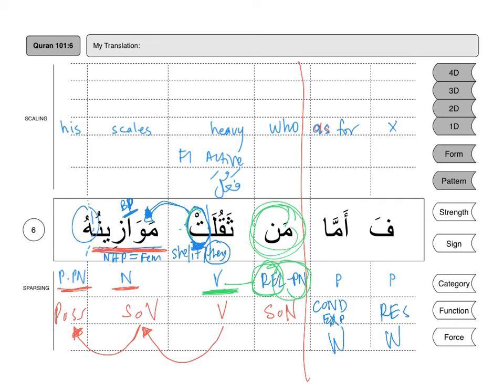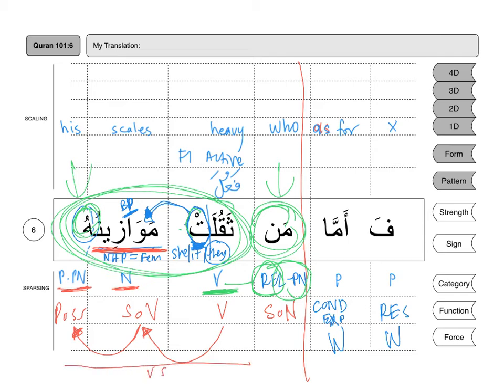So what is here, thaqulat mawazinuhu, that is referring to man? It's hu, which means his is referring to the one who. So in that sense, you relate. Okay, in all this verbal structure, there is a relation which is in the hu, and it goes back to man. Therefore you connect all the arrows there. Okay, and if you want the arrow for the watcher, you just write it like that. Okay, so this is for verse number 5.